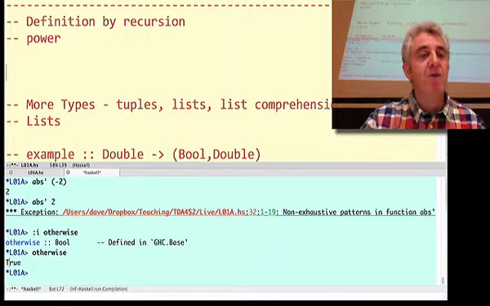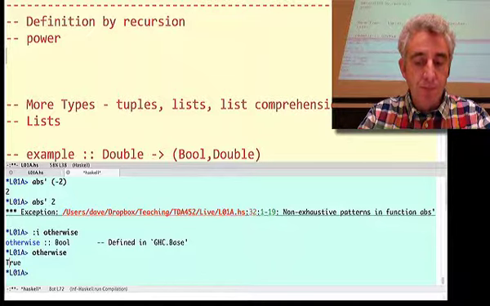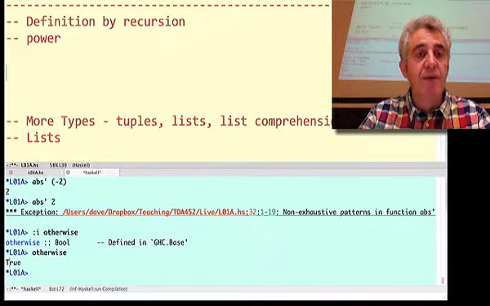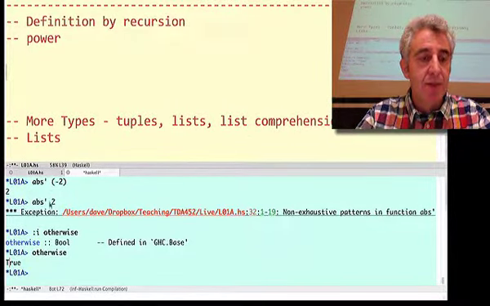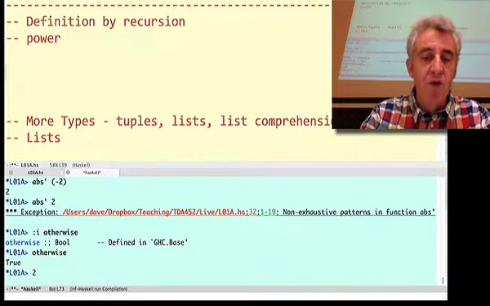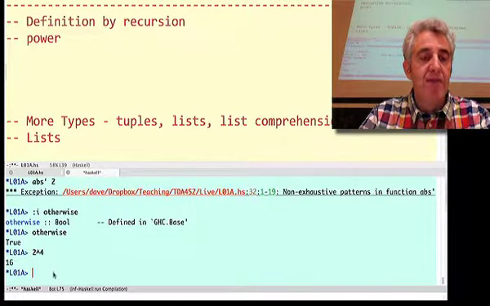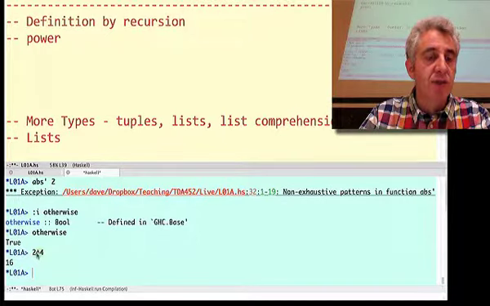So let me give you an example of programming with recursion using the function power, which corresponds to the exponentiation operation. So if you have 2 to the power 4, that gives you 16. So I'm going to define my own version of this and not use the built-in one.